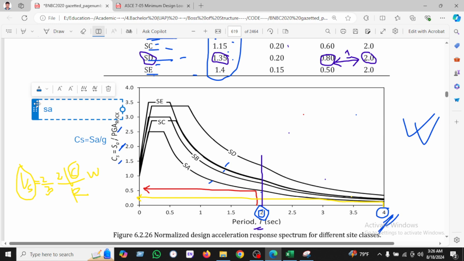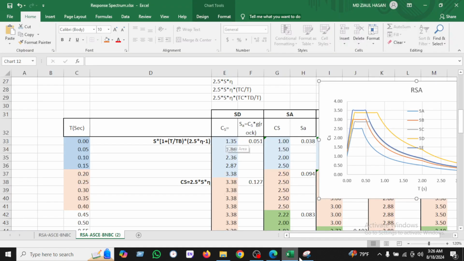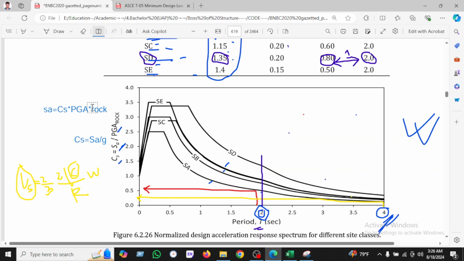SA equals CS into PGA rock. We know the CS value, so we just need the PGA rock.